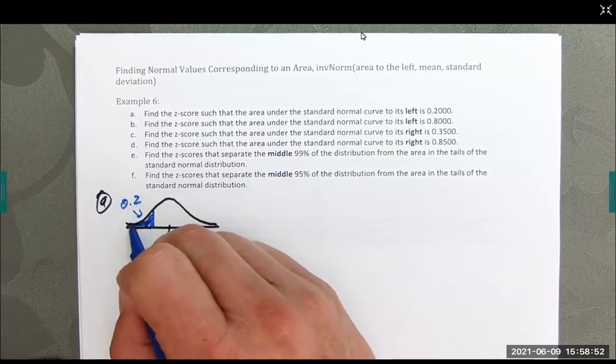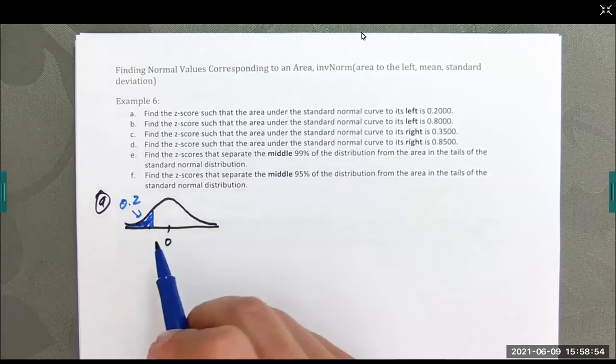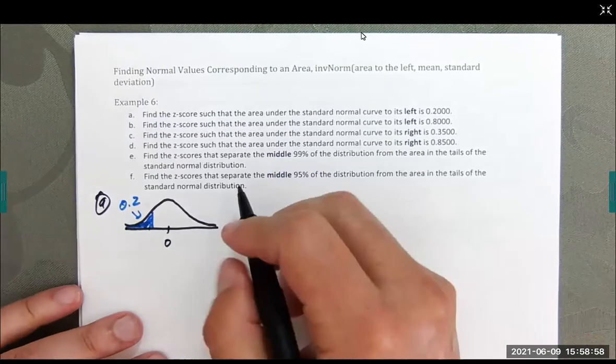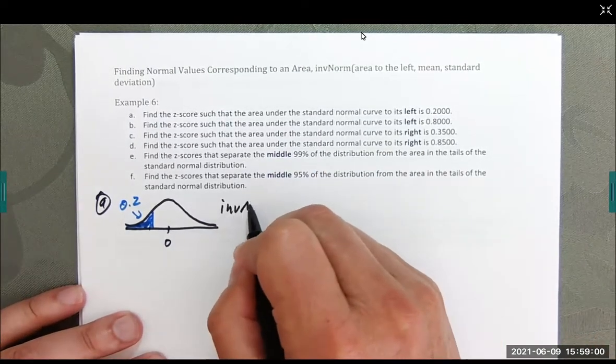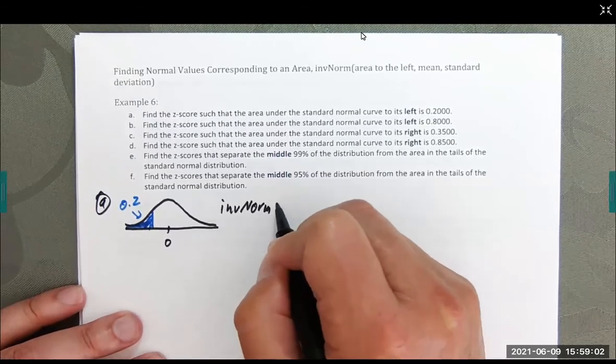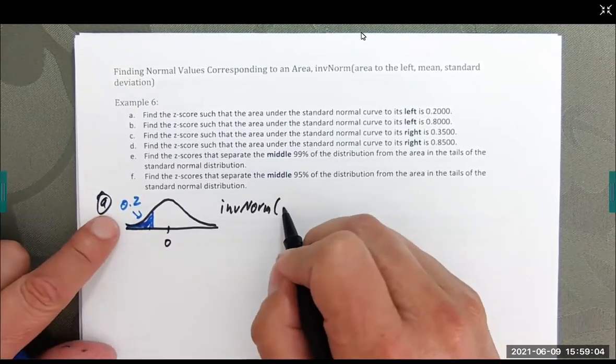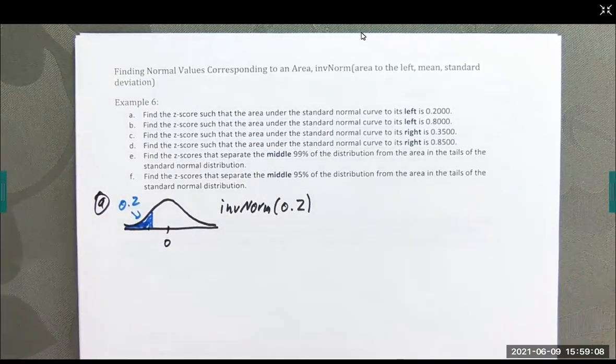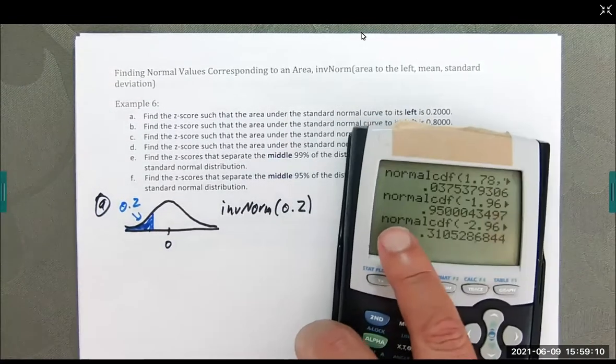So that's 0.2. And we're looking for this Z value down here. And so we're going to use inverse norm. Area to the left in this case is 0.2. That's all you need. The mean and standard deviation are 0 and 1.